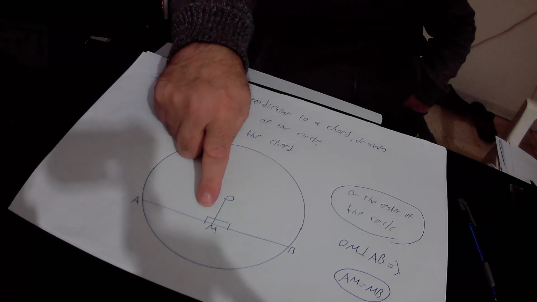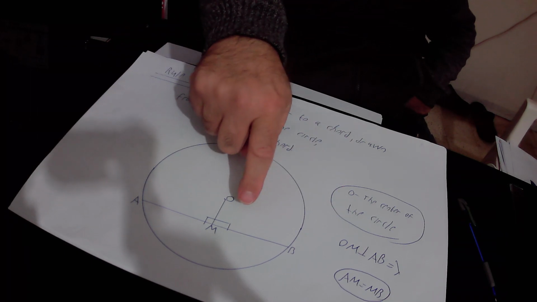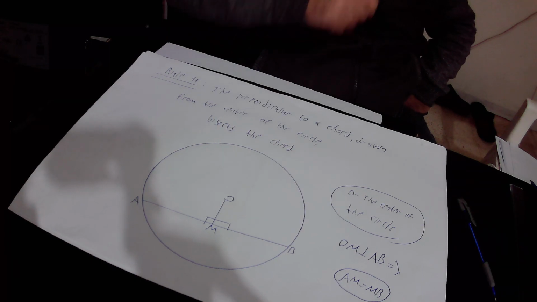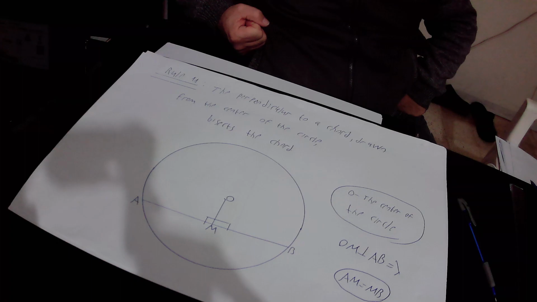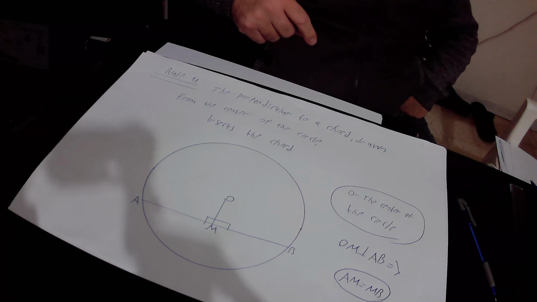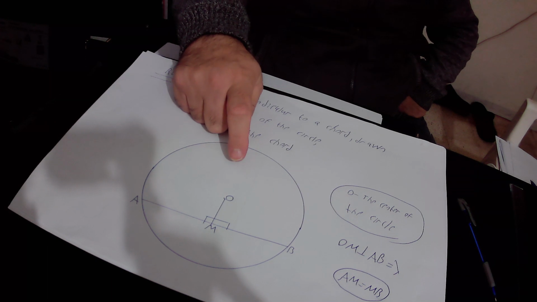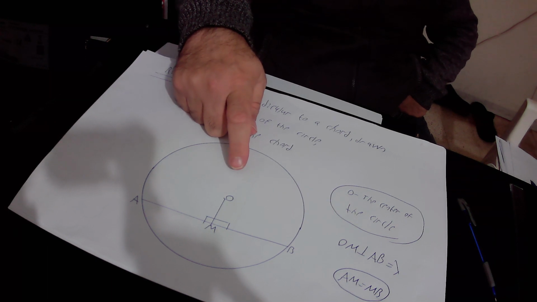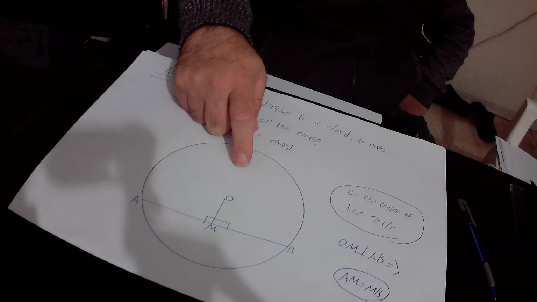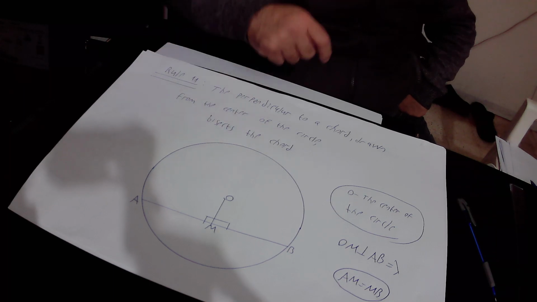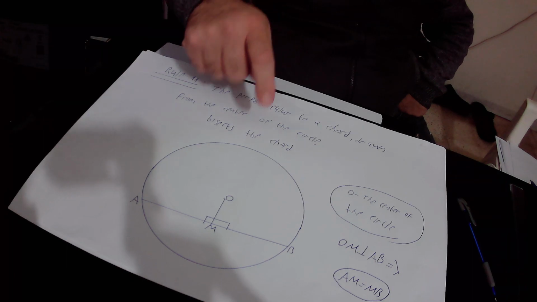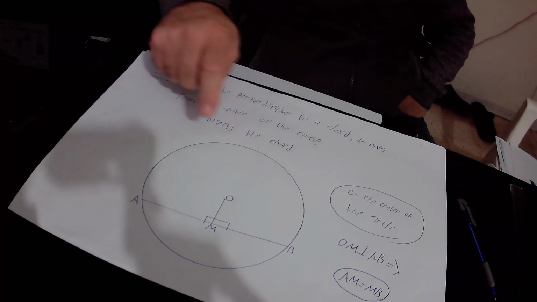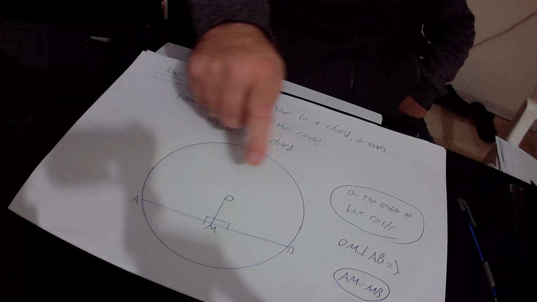That is to say, this angle equals 90 degrees and this angle equals 90 degrees according to our construction. And according to this rule, whenever we draw a perpendicular towards any chord from the center of the circle, the perpendicular also bisects the chord. That is to say, in this case, the perpendicular OM bisects chord AB. That is to say, AM equals MB.